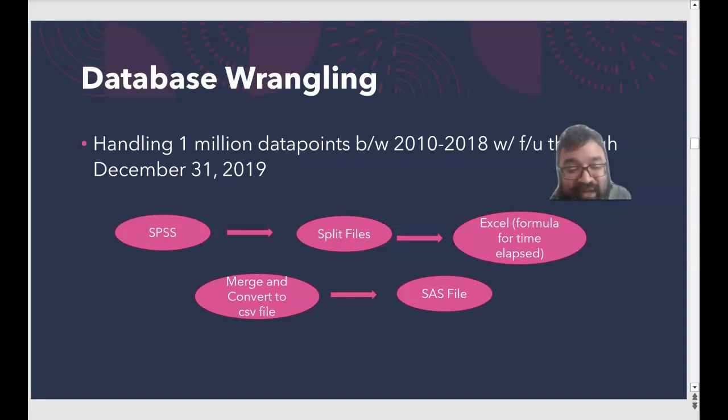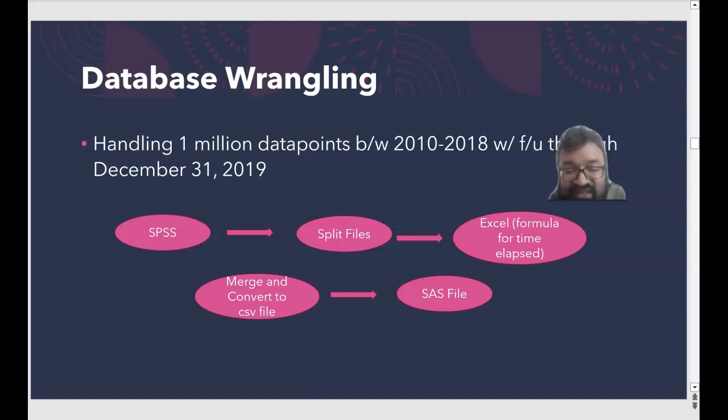I started off by combining all of the years, which was actually done through IPUMS, and I'm going to go over a demonstration fairly shortly. With SPSS, what I wanted to do was convert SPSS to Excel, and I'm going to give you the reason why in a moment.